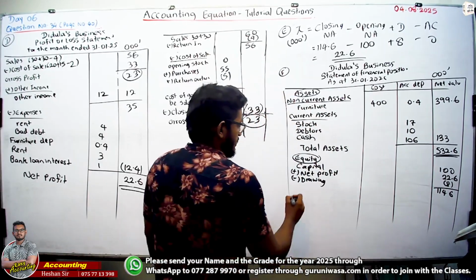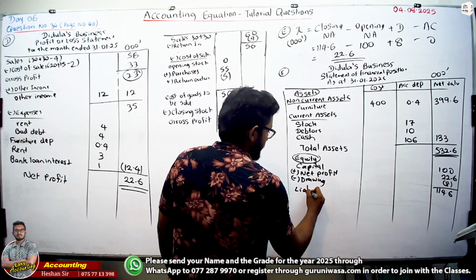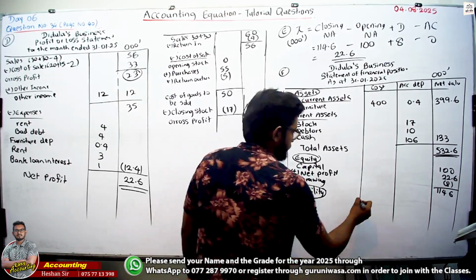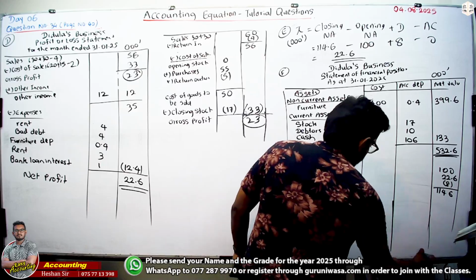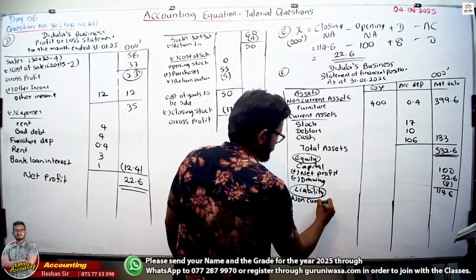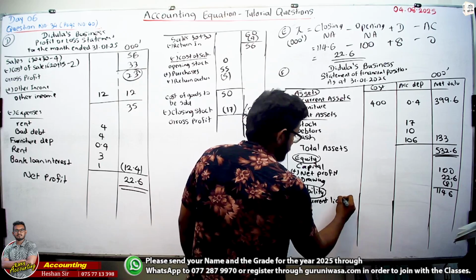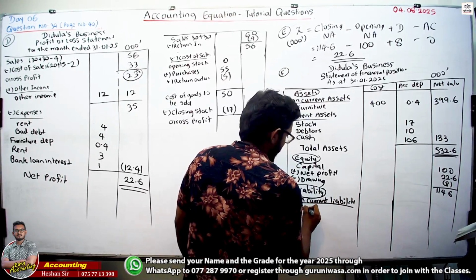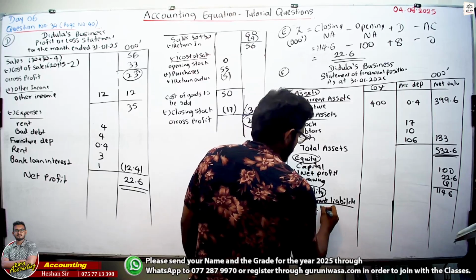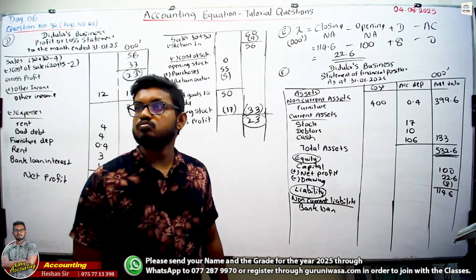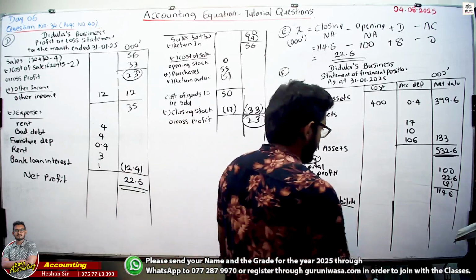Right? Then we can find the liability. So under non-current liability, bank loan. Bank loan closing value 45.